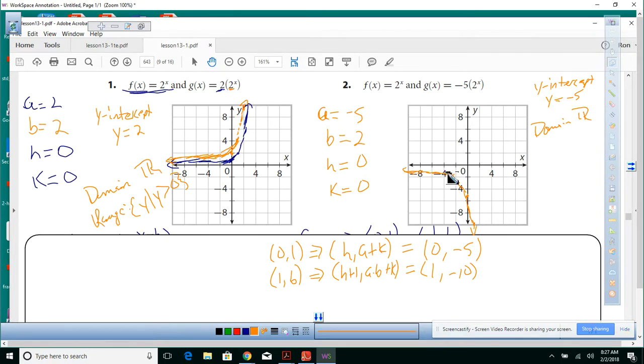But that's at a slight angle, so eventually it'll cover all the positive x. So the domain is all real numbers. The range is going to be y such that y is down here below 0, because remember k is 0 here. So y is less than 0. And it's less than because a is negative. Over here it was greater than because a was positive.